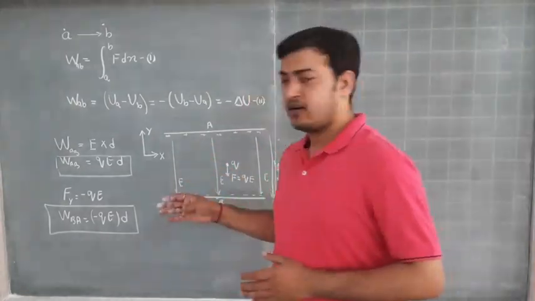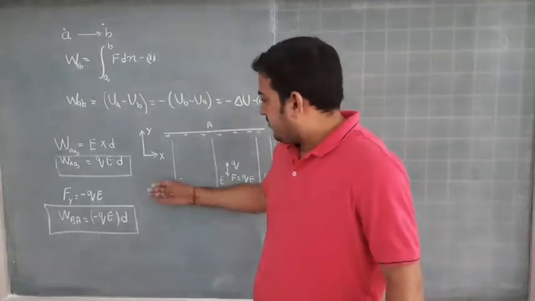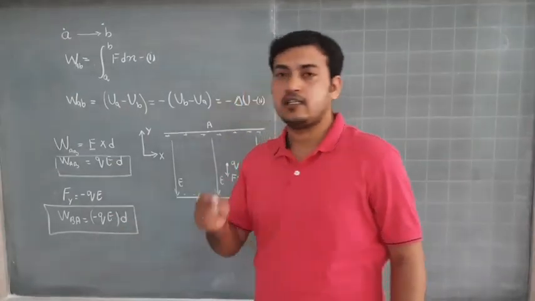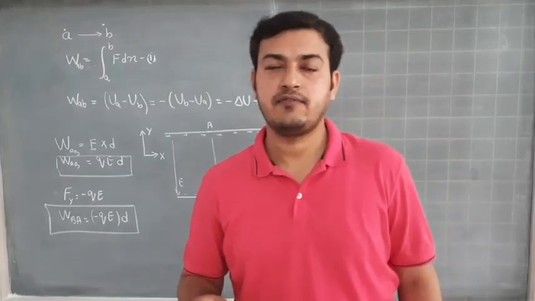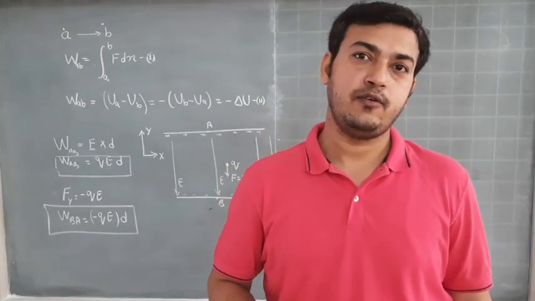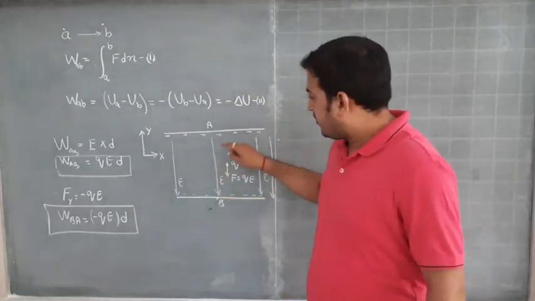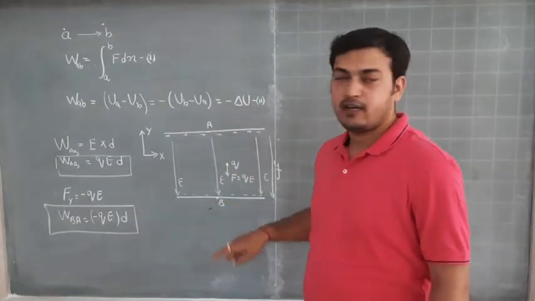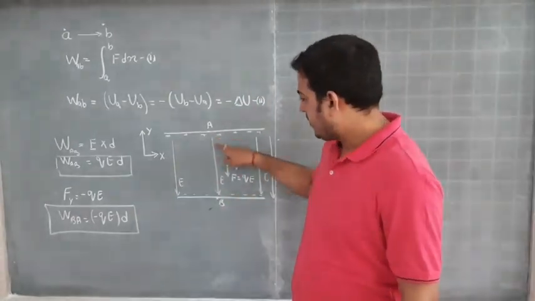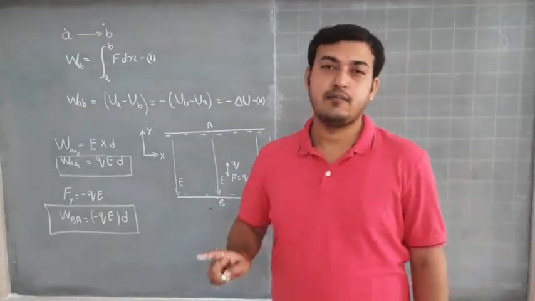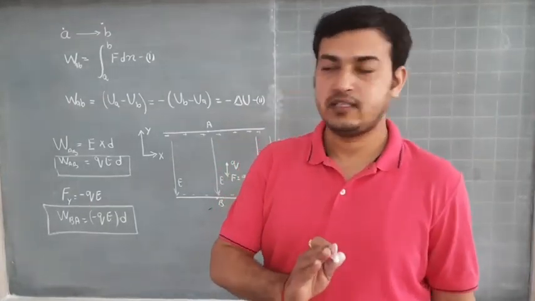So from that analogy we can conclude that my electric force, that is Q times the electric field, is conservative. It means that it will only depend on the initial and the final positions of the charge. It will not depend on the path followed by the charge.